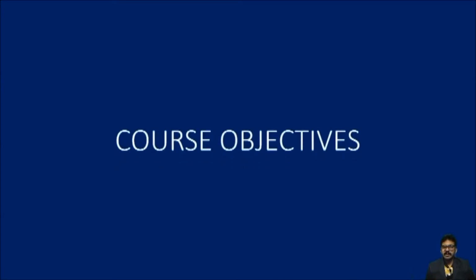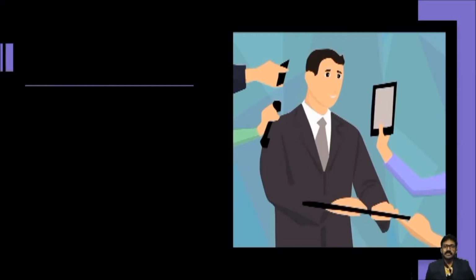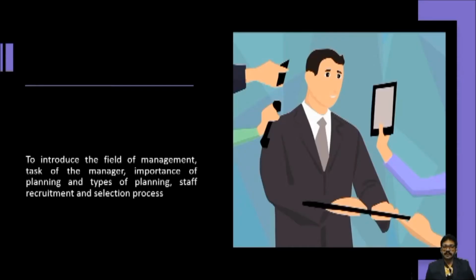So first we are going to learn about the course objectives, that is, why we are learning this course. So to introduce the field of management, the task of a manager, importance of planning, types of planning, and the staff recruitment and selection process. You might wonder why, as an engineer, we are learning this subject.